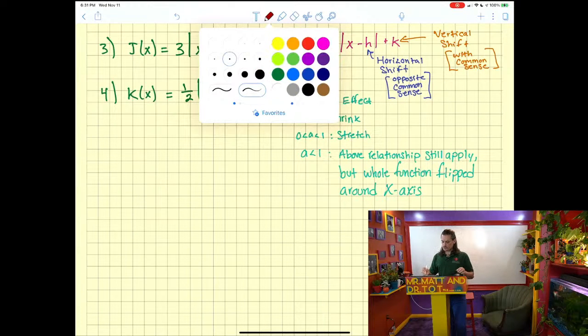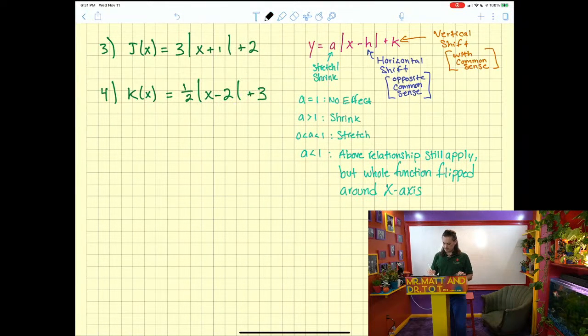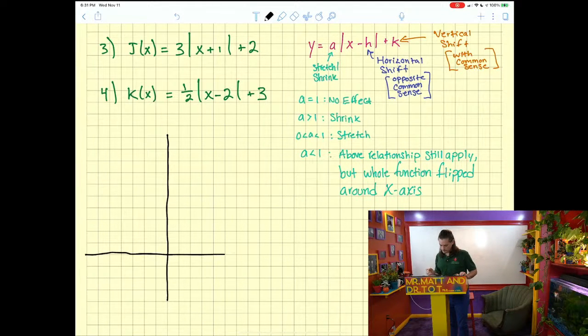Okay, so if we start with just a plot, we're going to draw in the absolute value of x.